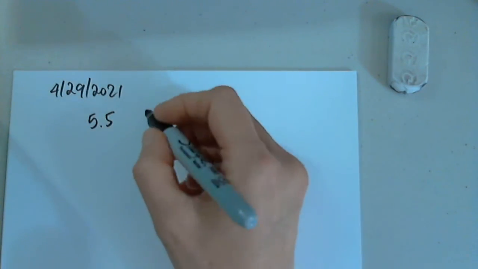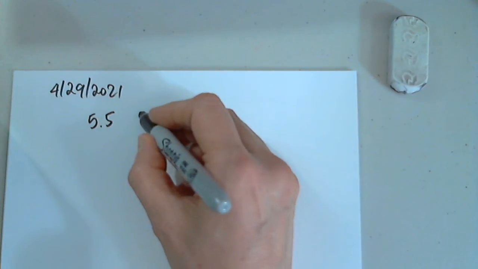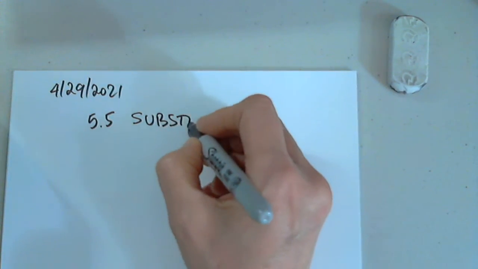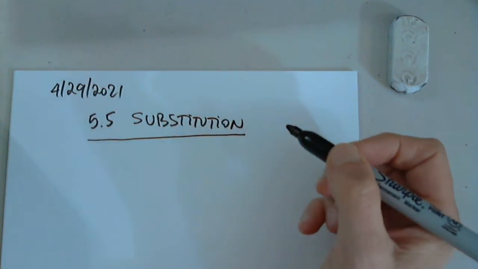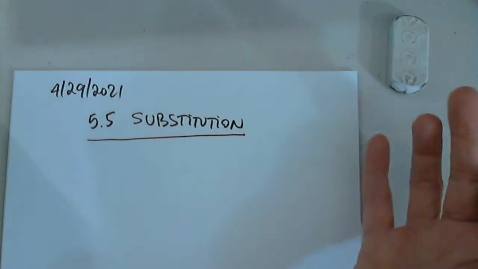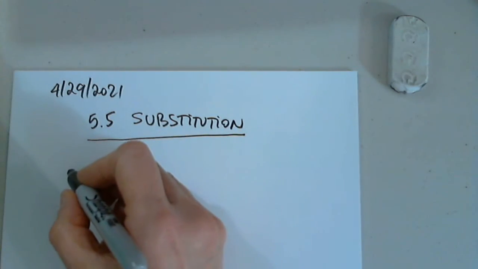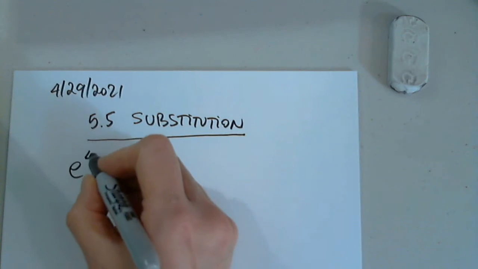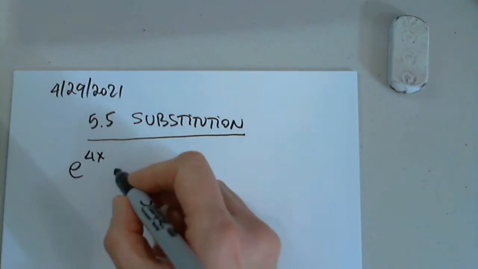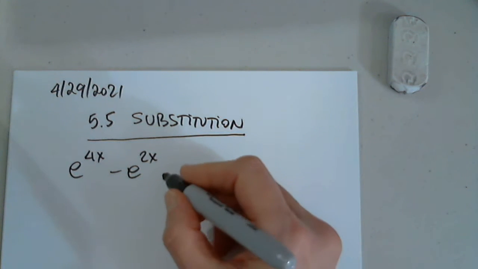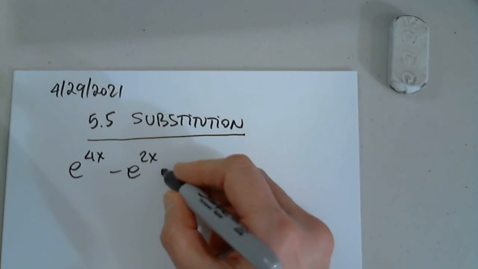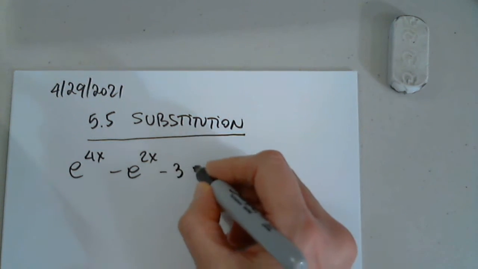Last section of this course, basically, substitution. I'm sure you remember equations like, let's say, e to 4x minus e to 2x minus 2 equals 0.